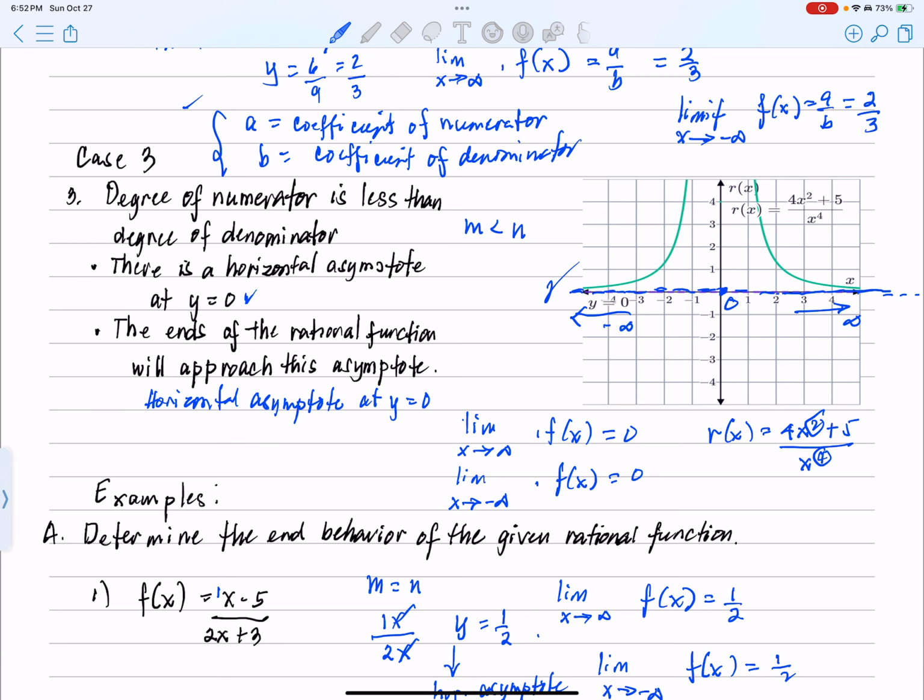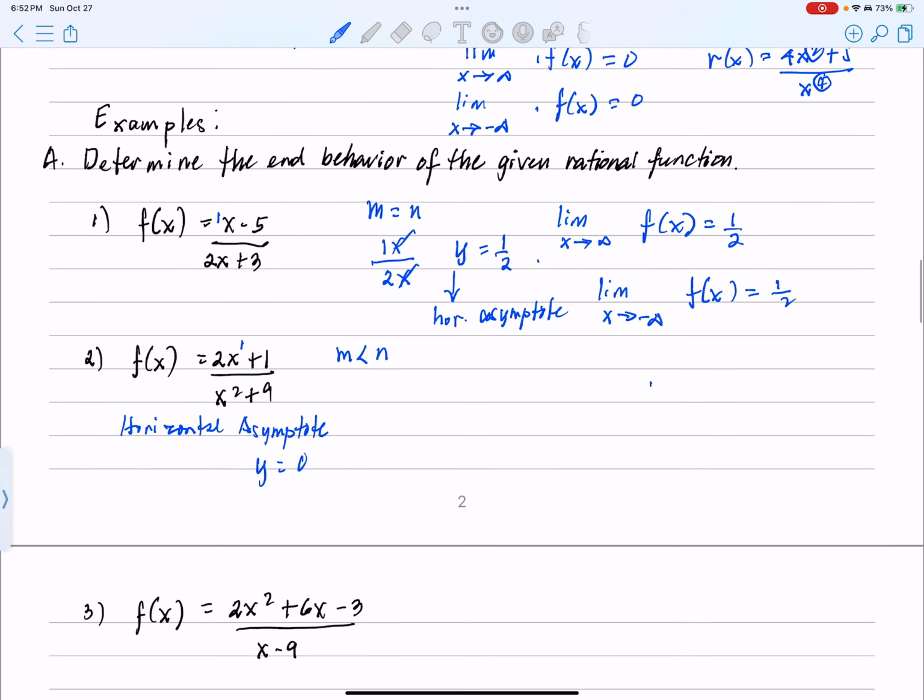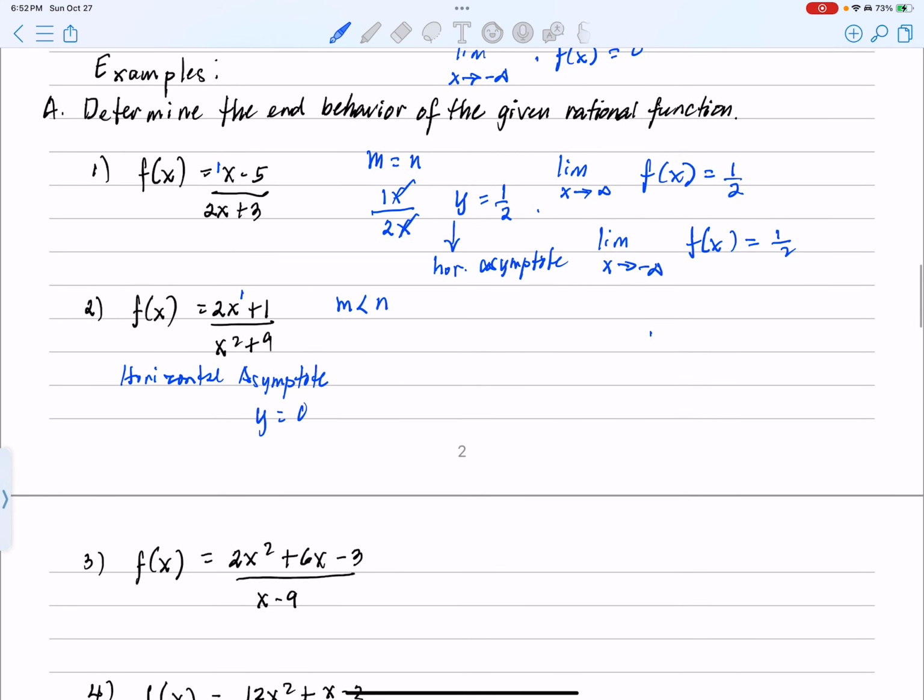Right? Okay. Let's do the end behavior. So in this case, the limit when x approaches positive infinity, the function of x equals 0.